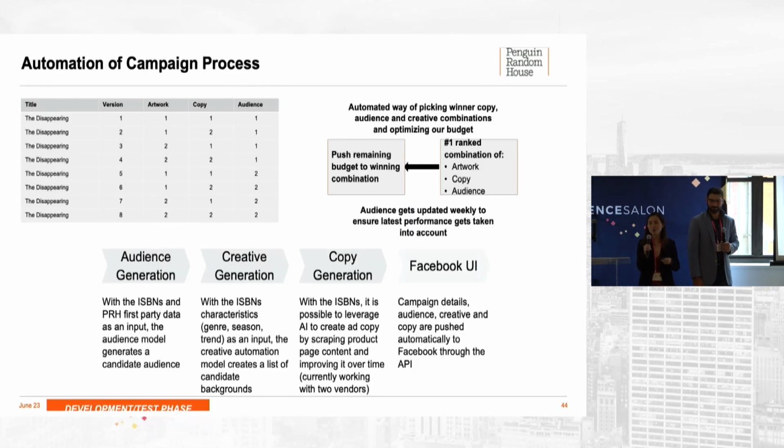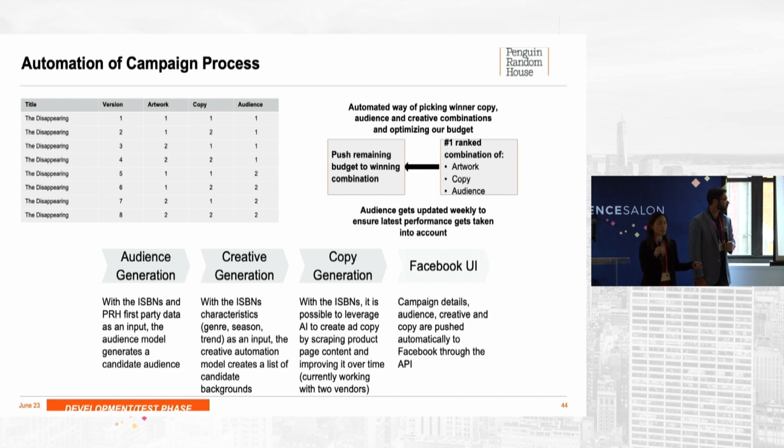So this is just a toy example of what the data science team had in mind. Say you had two different types of artwork, two copy, as well as two audiences you want to test out with. Mathematically speaking, that gives you 8 different permutations of the ad. And as we mentioned before, this can be a lot of work if you're going to do it manually.